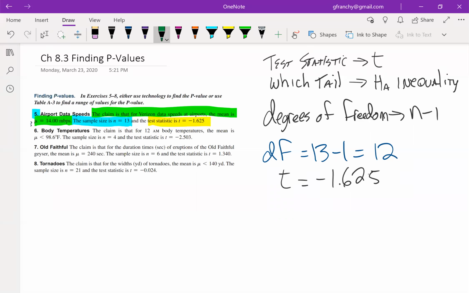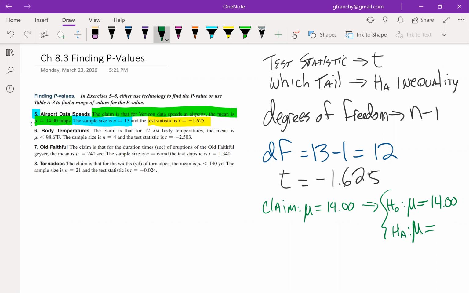And our claim here is that the mean is going to equal 14 on the nose there. And as we know by now, the equal case is what ends up in the null hypothesis, which means our alternate hypothesis here is going to be the not equal case.